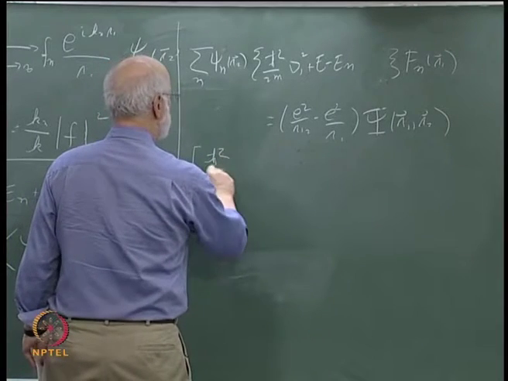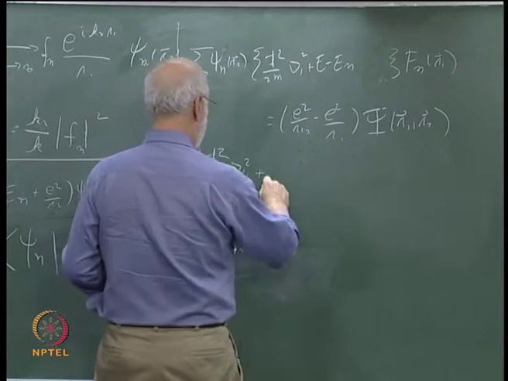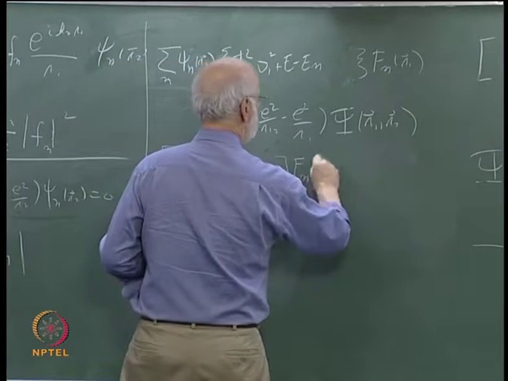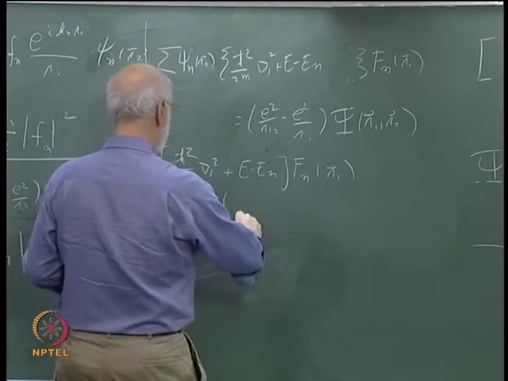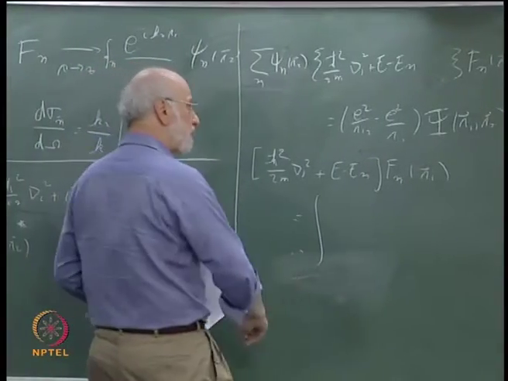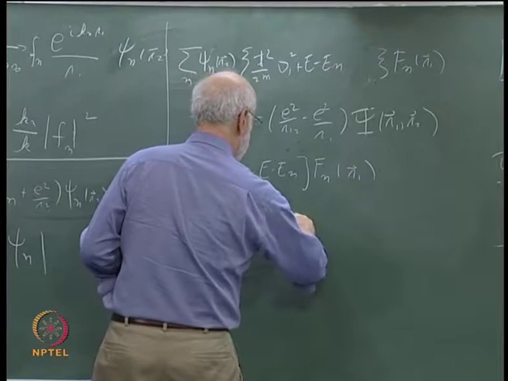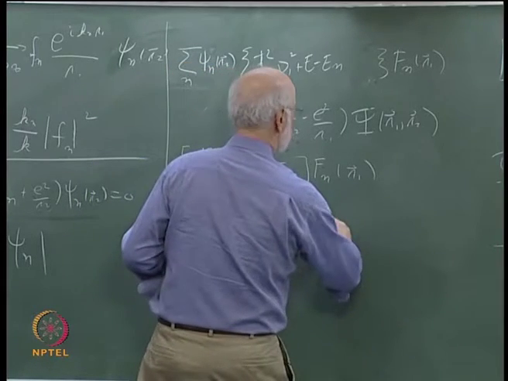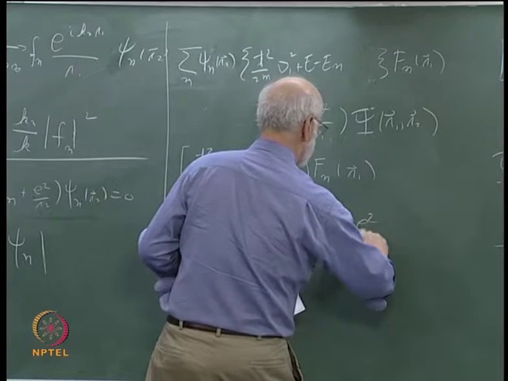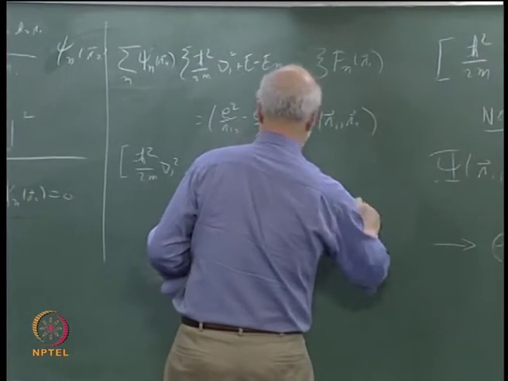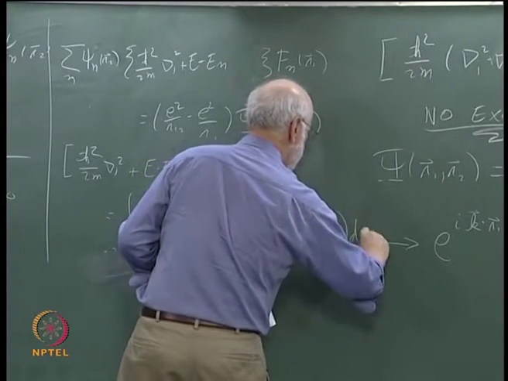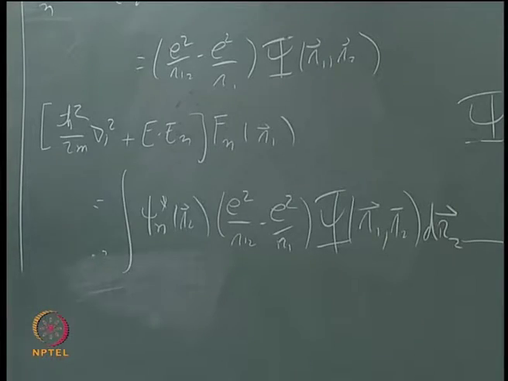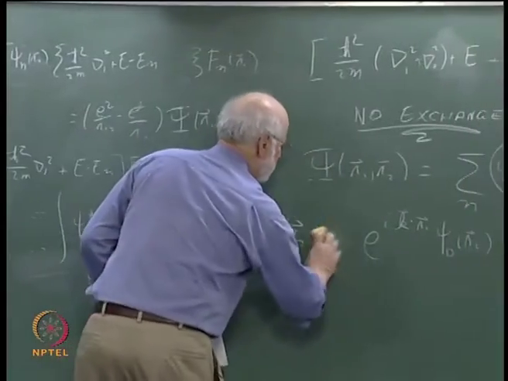I get h bar squared over 2m del 1 squared plus e minus En, Fn of r1 is equal to the integral of, so I multiply one side by psi n star, I've got to multiply the other side, psi n star of r2, e squared over r12 minus e squared over r1, psi of r1 and r2 dr2. Erase a little bit here so you can actually see this.